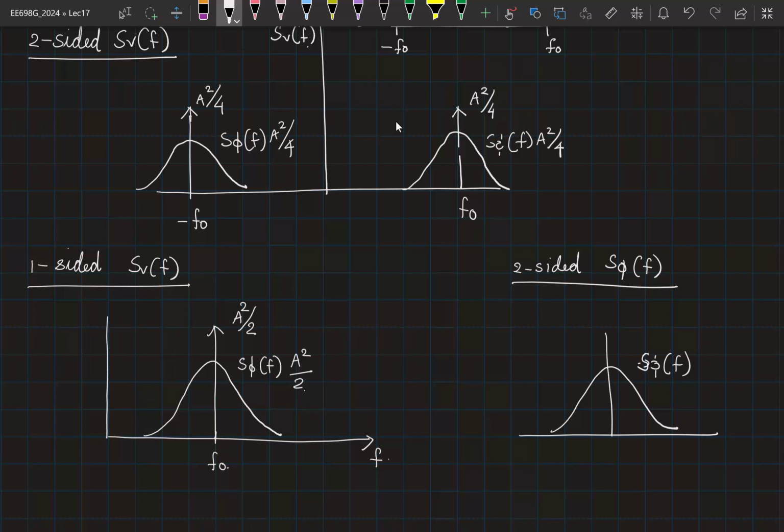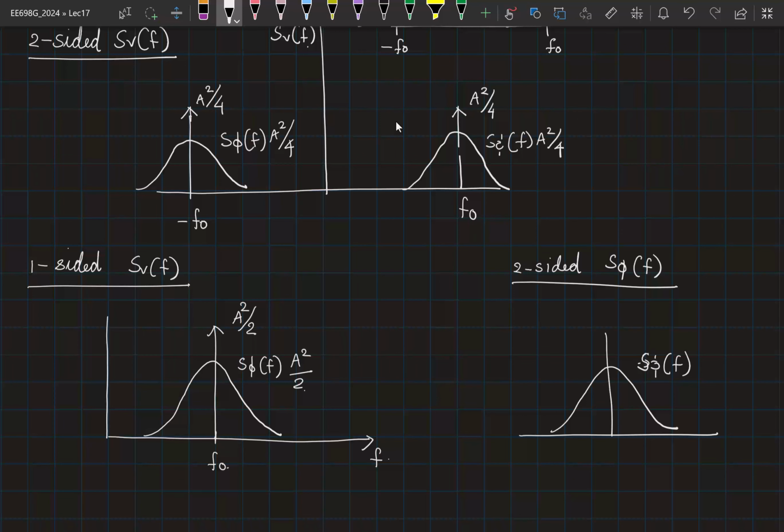So what you have here is that S phi of f has been shifted to f naught and scaled. That will give you the SV of f. We are trying to find the relationship between SV of f and S phi of f. S phi of f has been scaled by the carrier amplitude and is shifted around the carrier frequency.